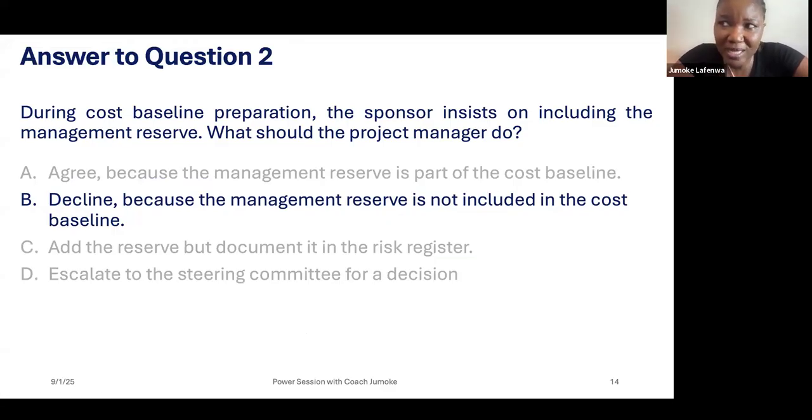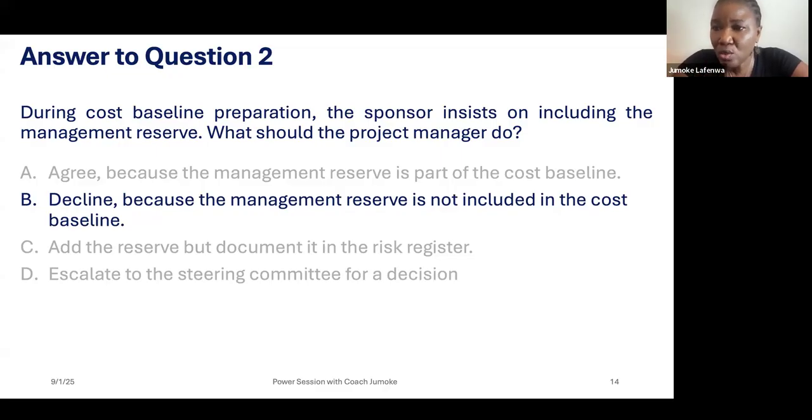You have to have taken some decisions before you escalate. The only time you can escalate is when it's been stated categorically that it is beyond your control. Let's say your threshold as a project manager in the project management plan, you will know your limits when it comes to cost, when it comes to time, when it comes to quality.